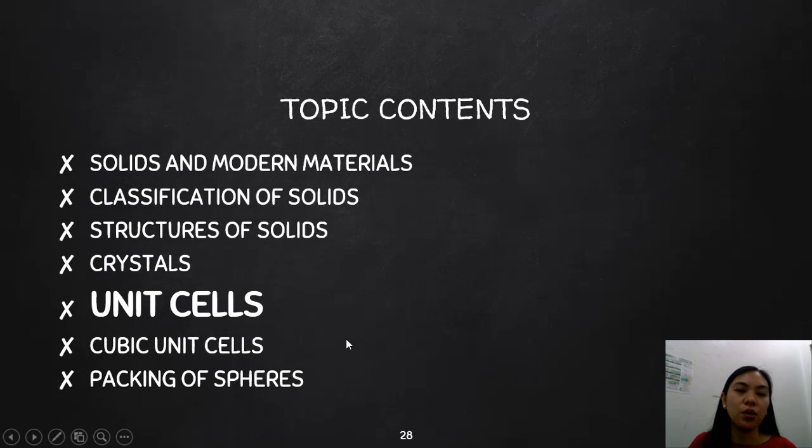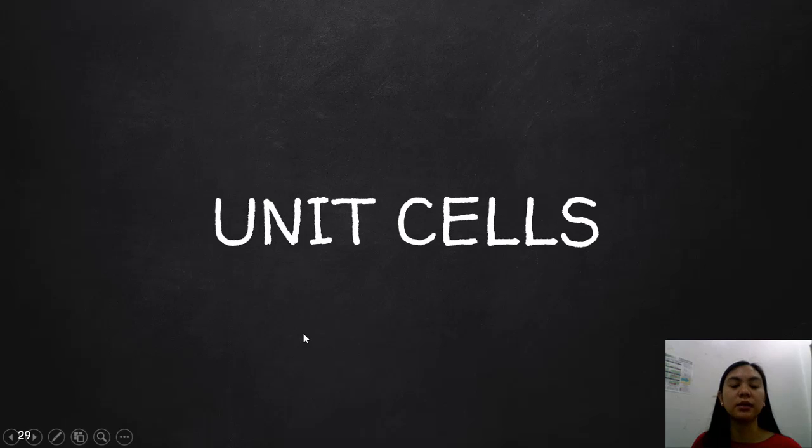Alright. So, now that we already have that, let's go now to what we call your unit cells. So, what is a unit cell? Nabanggit ko naman na siya kanina, but let's dig deeper on what it really means.